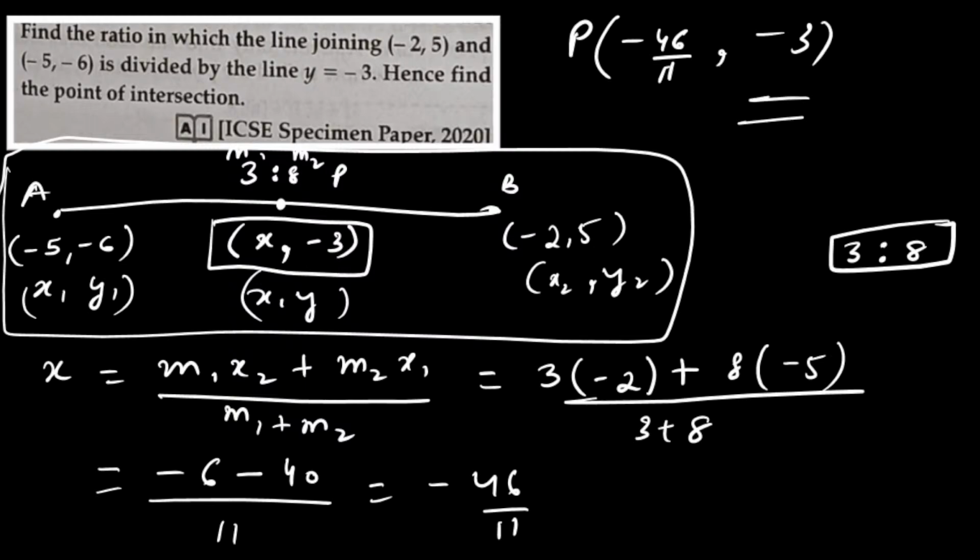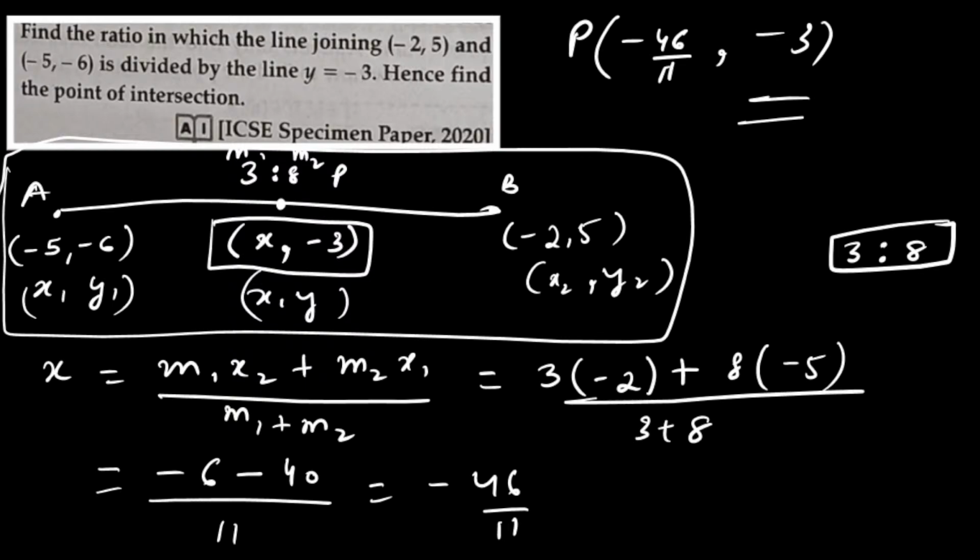I hope you are getting the same one. -46 by 11 is the point of intersection.